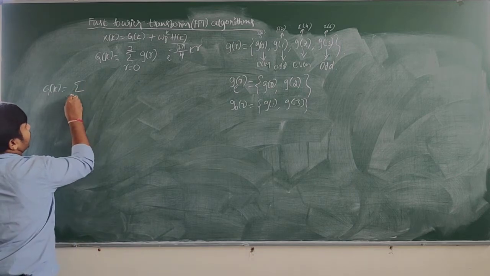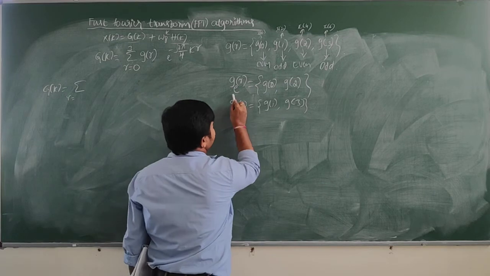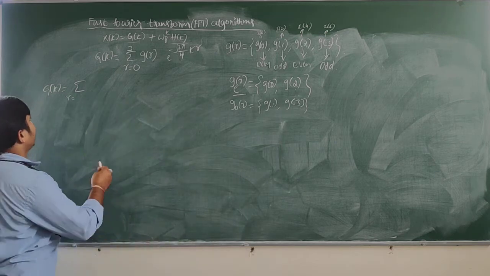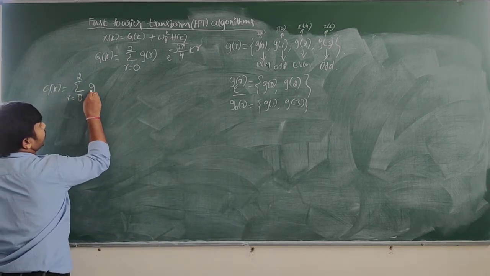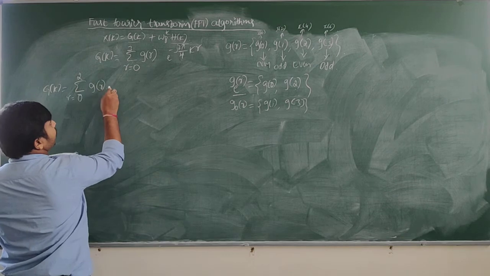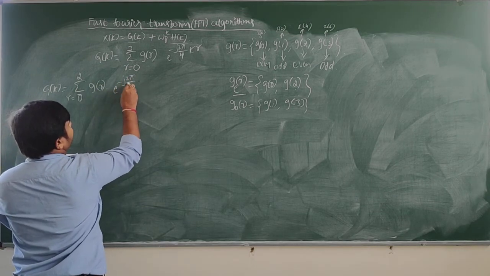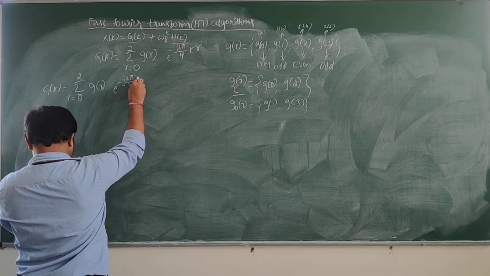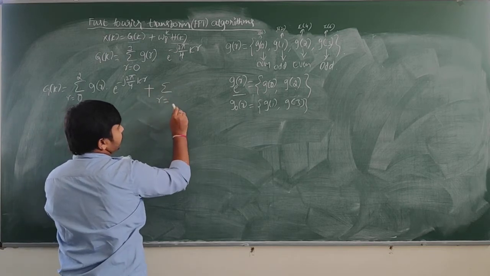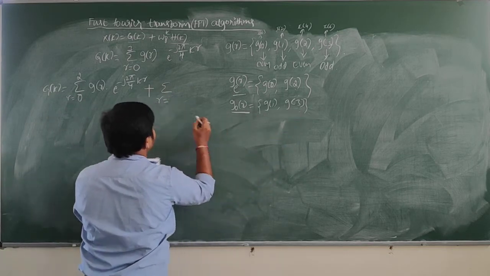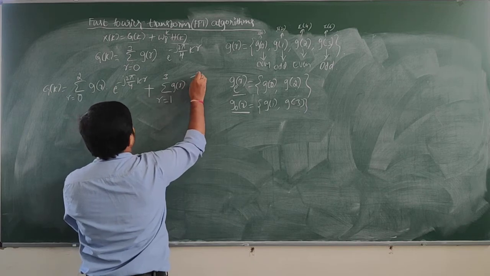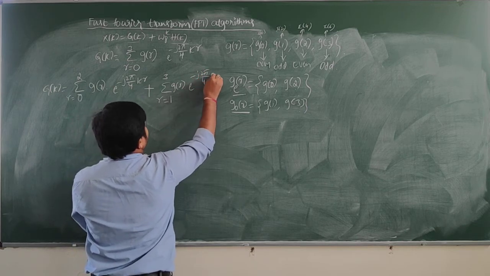It is the summation over r, and the range of the even sequence is 0 to 2, so r is equal to 0 to 2, of g of r into e power minus j 2 pi by 4 into k r, plus the summation over the odd sequence, whose range is 1 to 3, so r is equal to 1 to 3, of g of r into e power minus j 2 pi by 4 into k r.